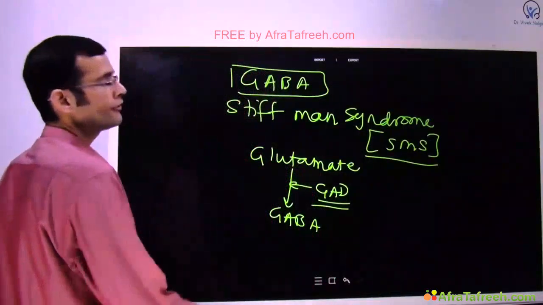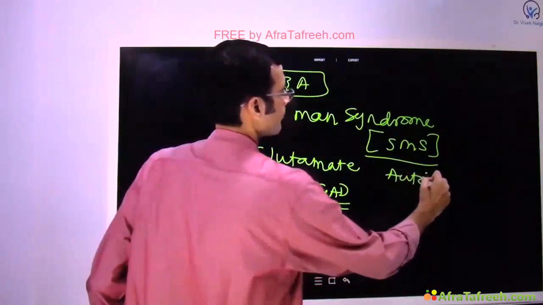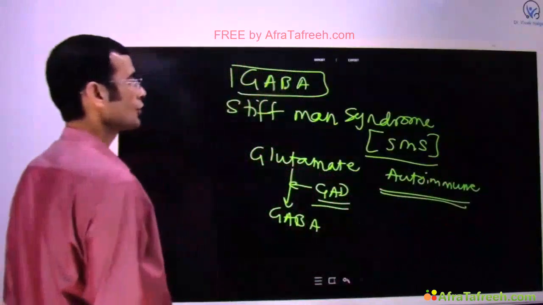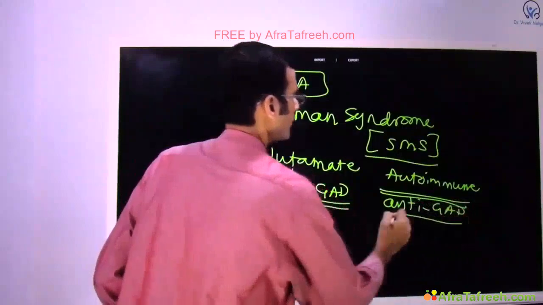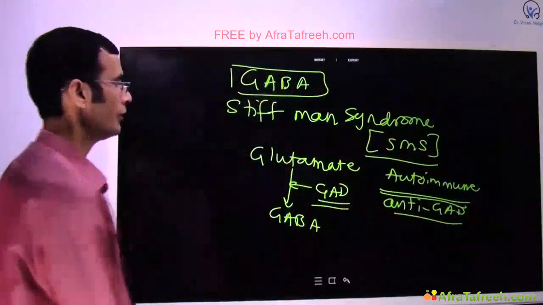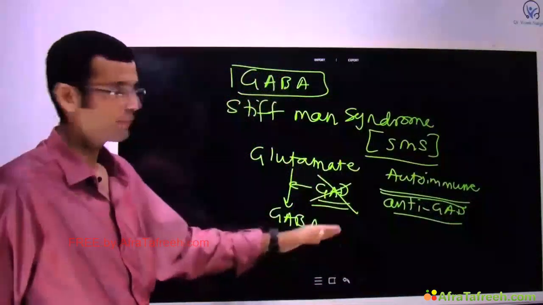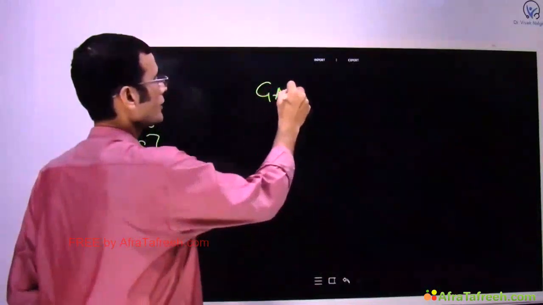So, stiff man syndrome is an autoimmune disease in which anti-GAD antibodies are developed. So, no enzyme to form GABA, and that means there is GABA deficiency.